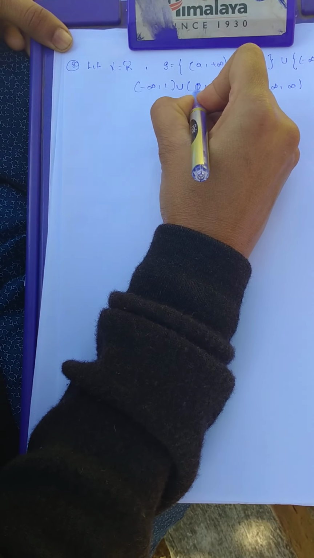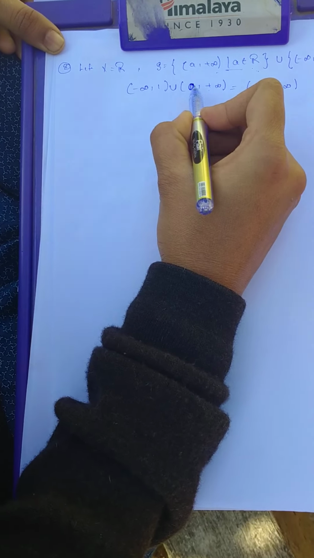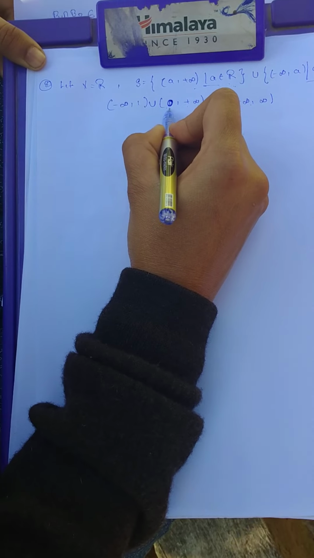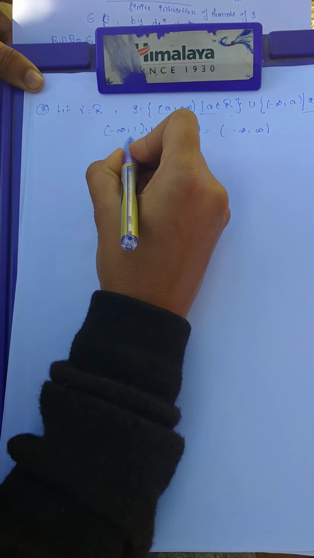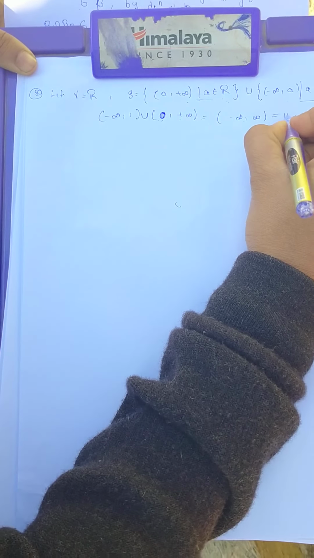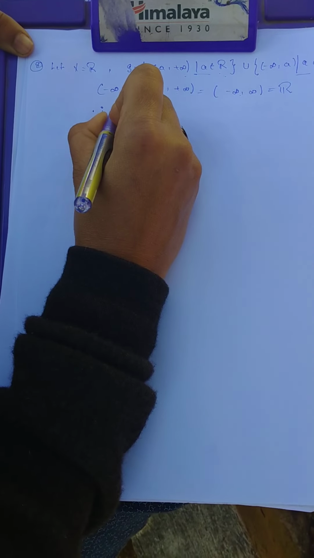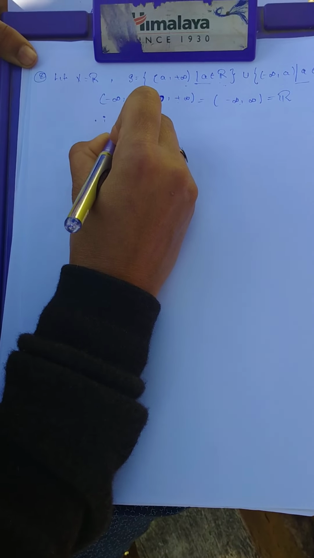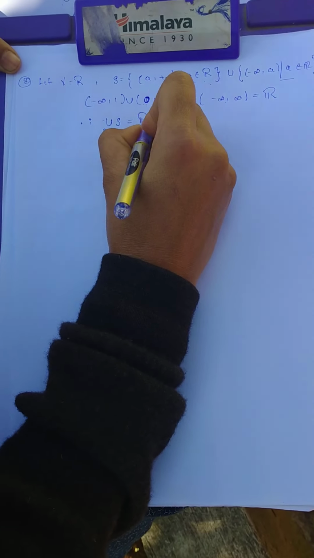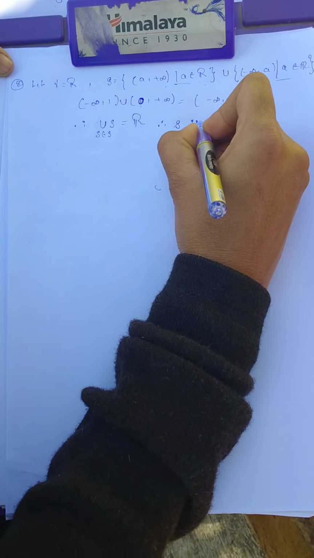Sorry, this one is 0. 1 is not included there, so we need to take something smaller than 1. This one is (0, +infinity) and (-infinity, 0.1). For any such pair, the union equals R. We take unions of elements of S, and therefore the union of elements of S equals R. Therefore S is a subbasis.